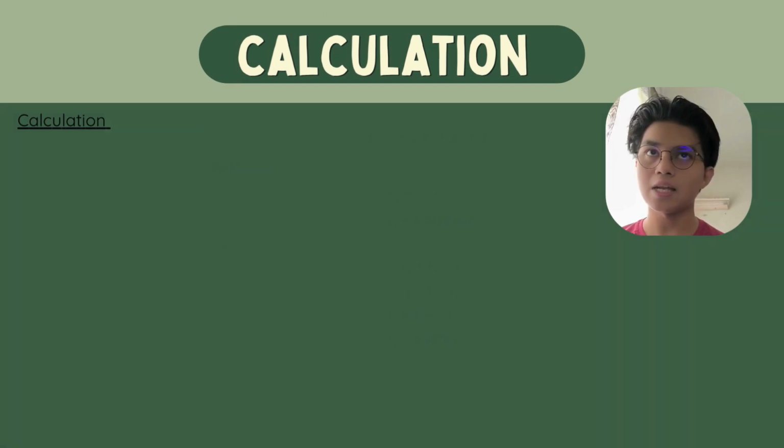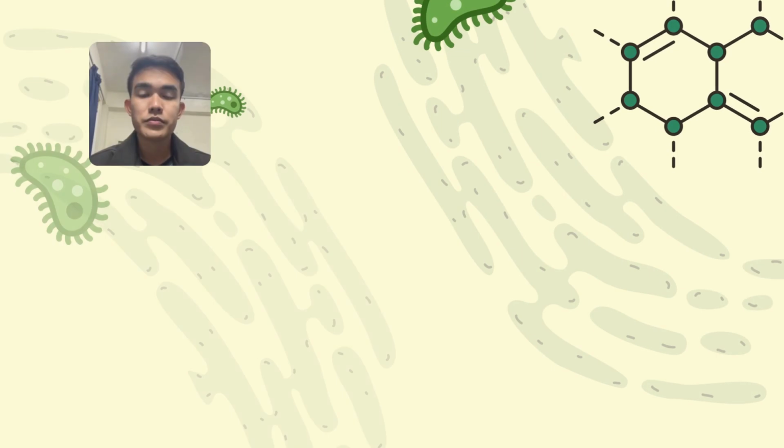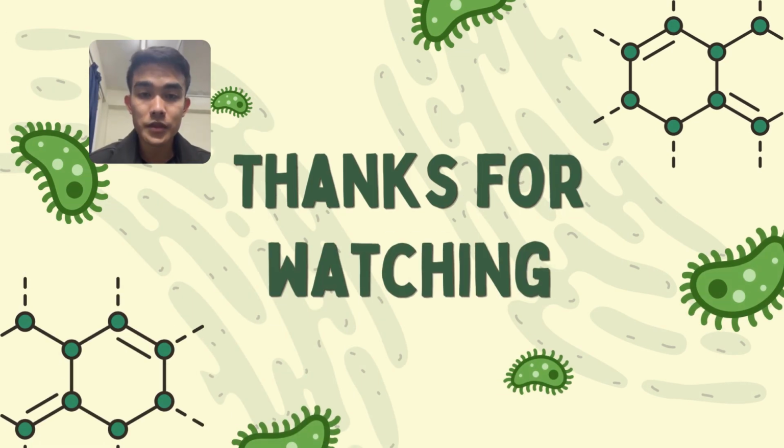After that we continue to calculate the liquid mole fraction by using equation 13.16. For methanol, we got X1 equal to 0.3430, and for water, we got X2 equal to 0.6570. So I think that's all from us, Group 2.